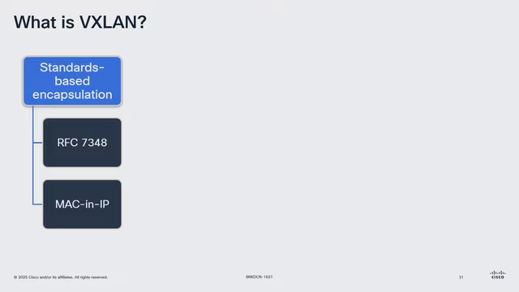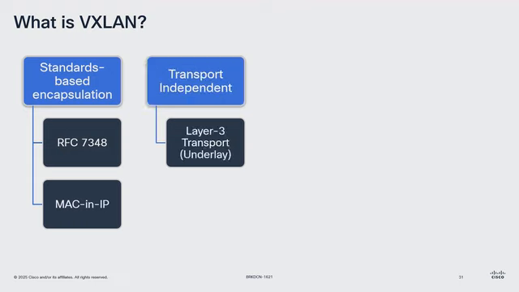This is essentially what we did to build this data plane encapsulation. And then we wanted to make sure that it was transport independent. What I mean by that is if I built a layer 3 underlay, I can actually bridge across it if I needed to support that layer 2 adjacency between the applications. Because of this transport independence, now I can support that blended service for integrated routing and bridging.